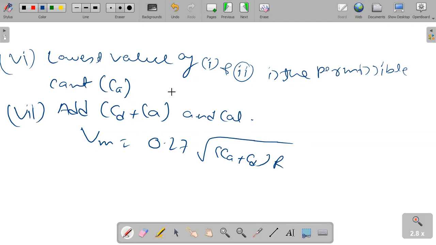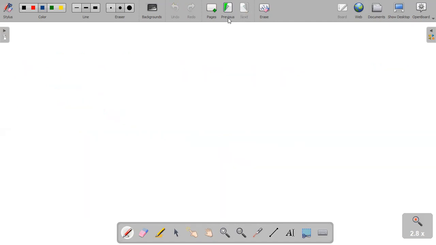Vm is maximum permissible speed. So let's move on to the next thing, which is degree of curve.